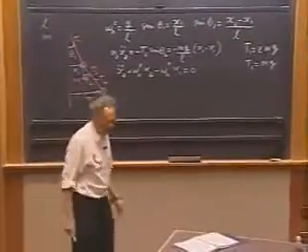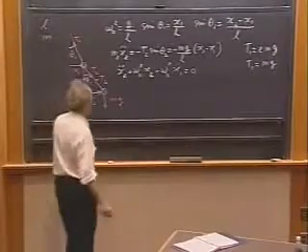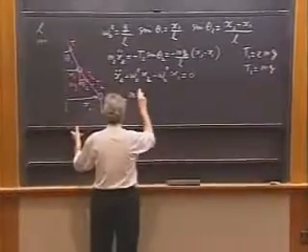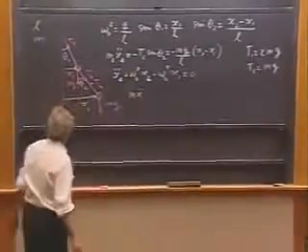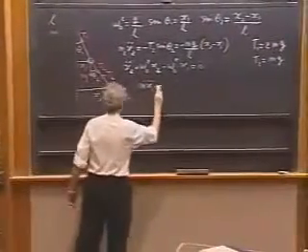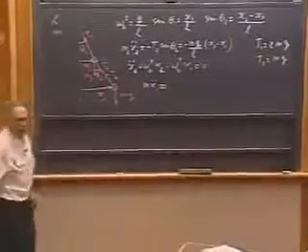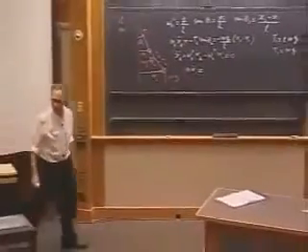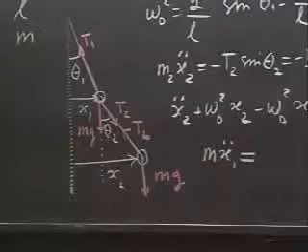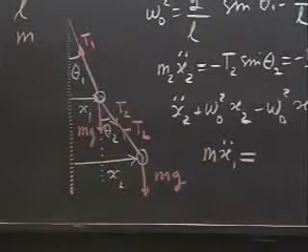So now I'm going to my first object. So now we get m1 x1 double dot. And now there is one force that is driving it back to equilibrium. That is the horizontal component of T1. But the horizontal component of T2 is driving it away from equilibrium in the drawing that I have made here.